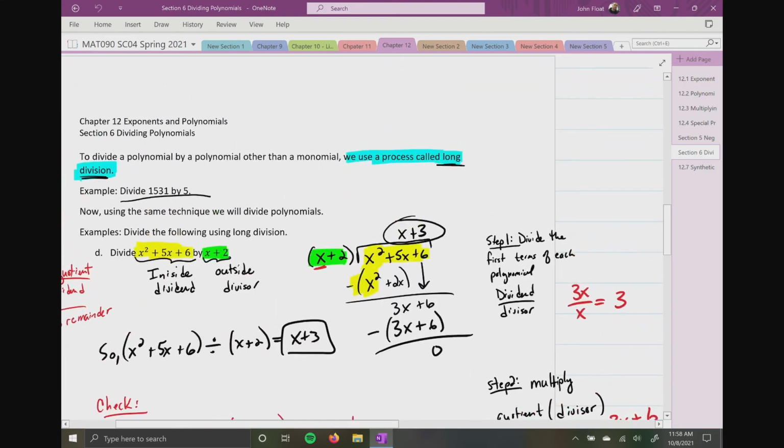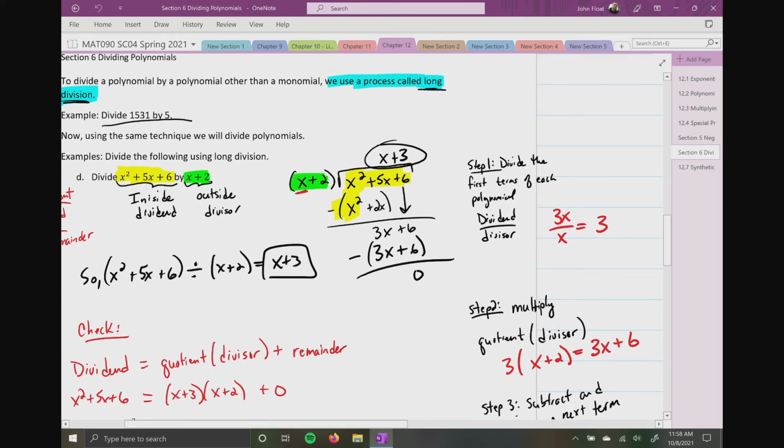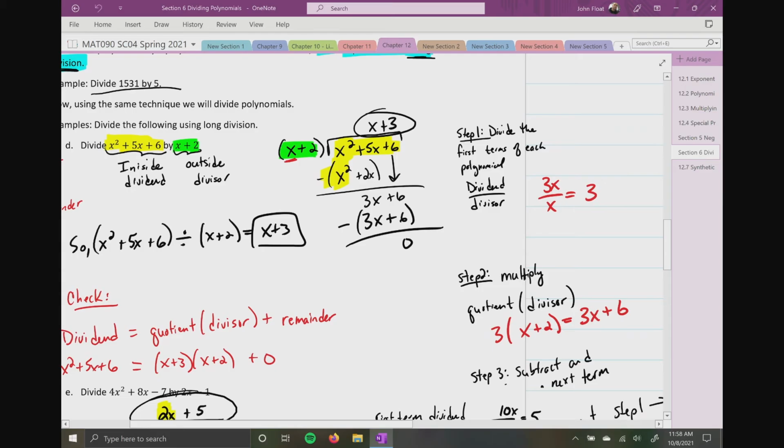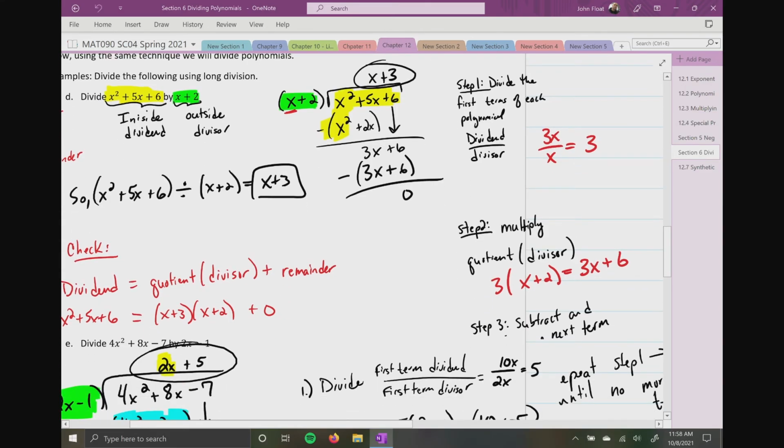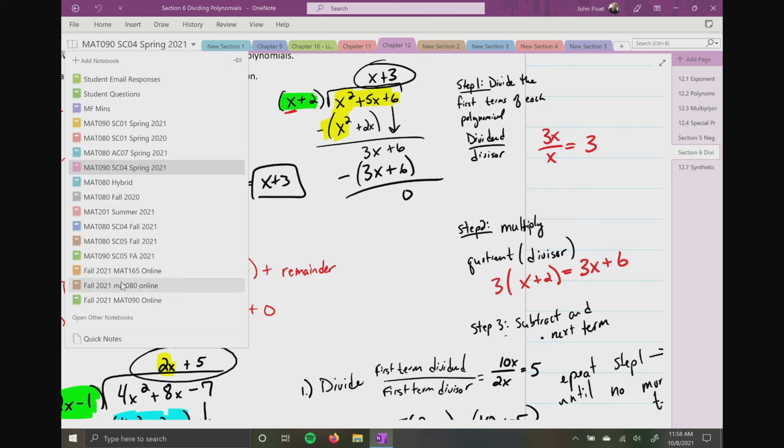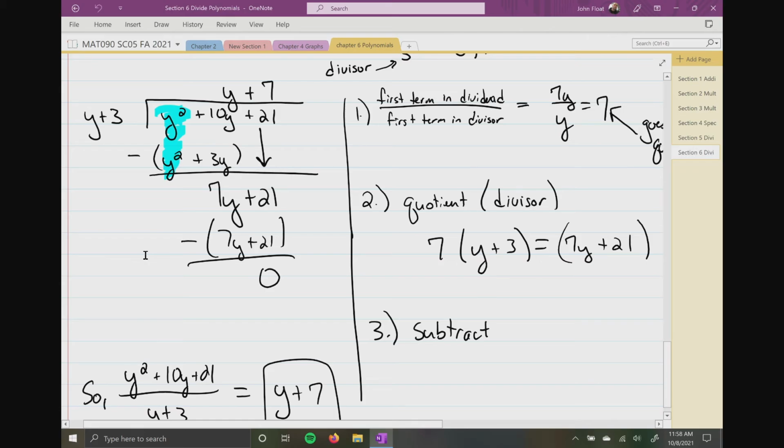I just want to see, like, step 1, divide the first terms of each polynomial. Then I wrote dividend over divisor. Then step 2, I said multiply quotient times divisor, and then subtract and drop next term. So no, I think my process is still the same in terms of wording, like the steps. So I think we're good. I think we're okay. I just want to make sure my directions are clear.